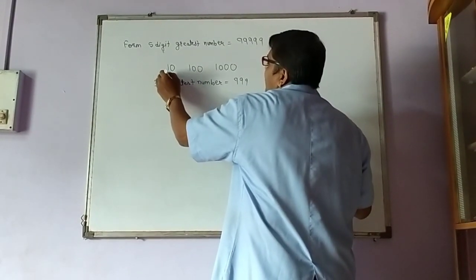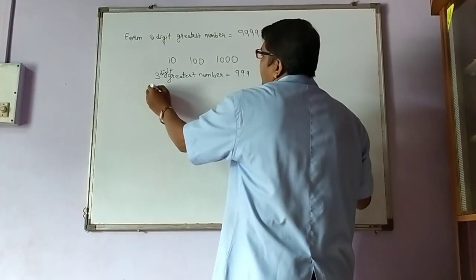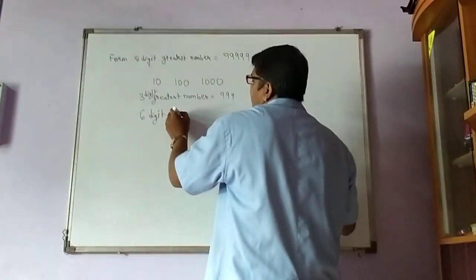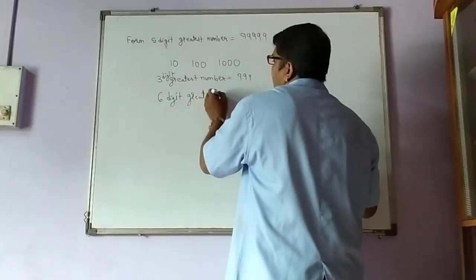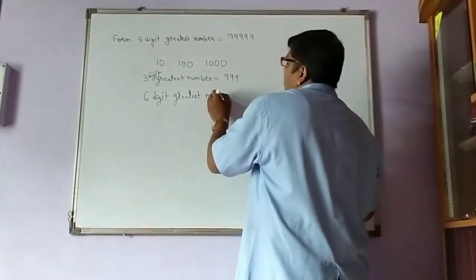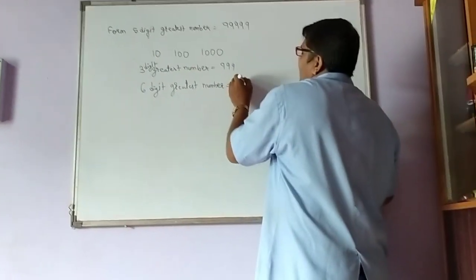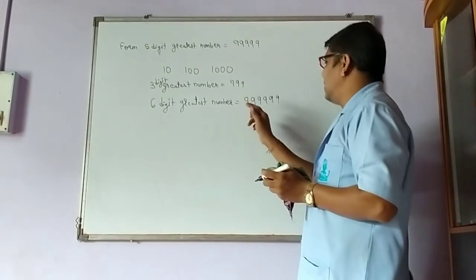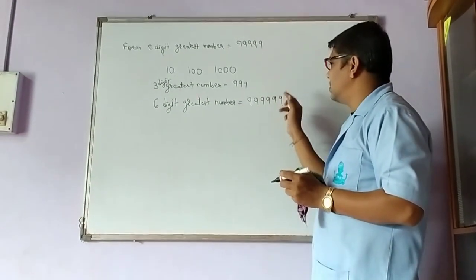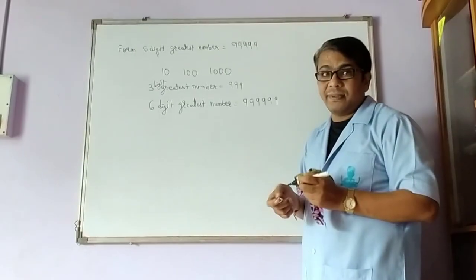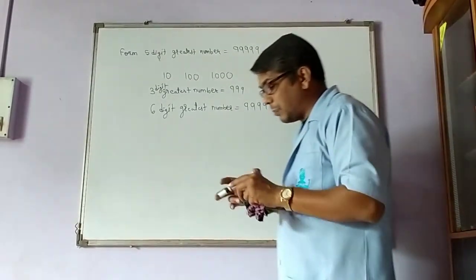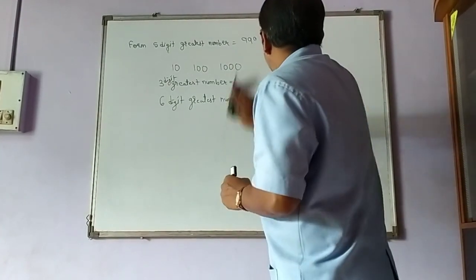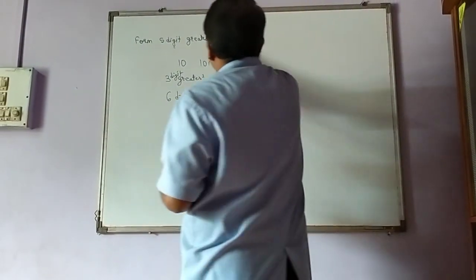Okay, suppose I am going for the 6-digit greatest number, so it will be what? 9,99,999 and so on.